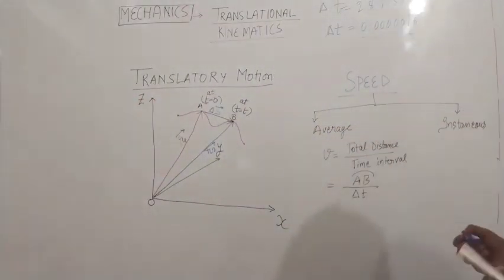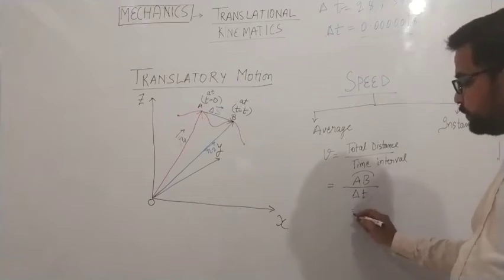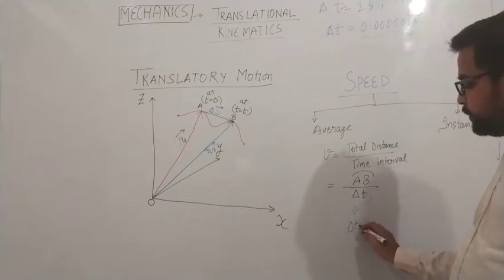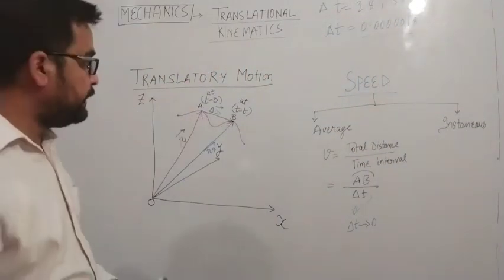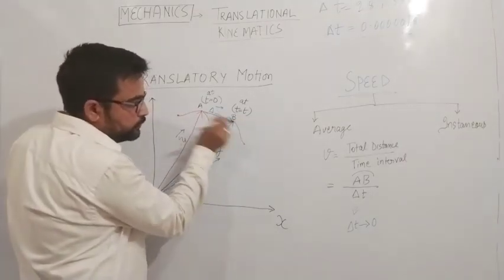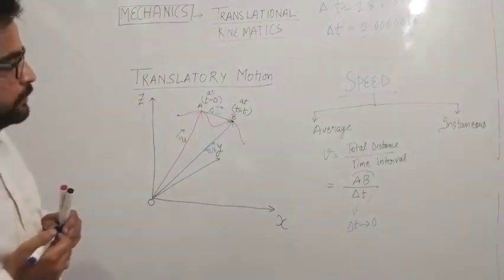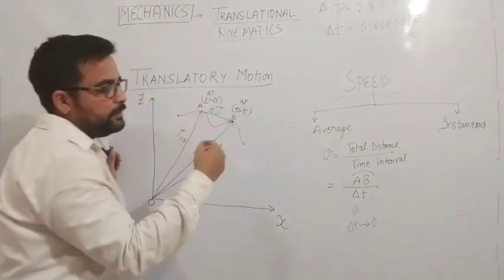So again, if I am going to reduce this delta t such that delta t is tending to 0, right? Why am I reducing it to this? Because I want to know what will be the speed at a very instant t.